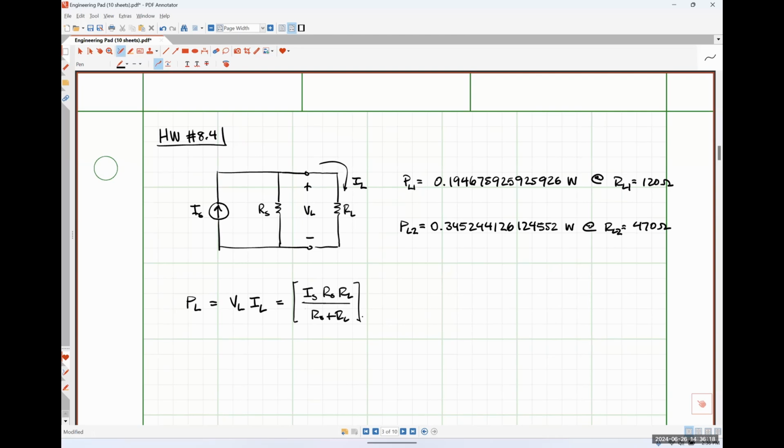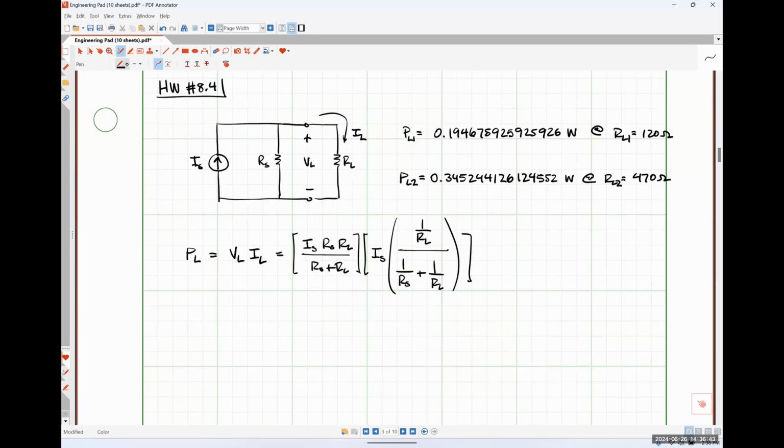And then our current IL could be found by using current division. So that would be IS times 1 over RL divided by 1 over RS plus 1 over RL. And this is a kind of identity thing that we used the other day.